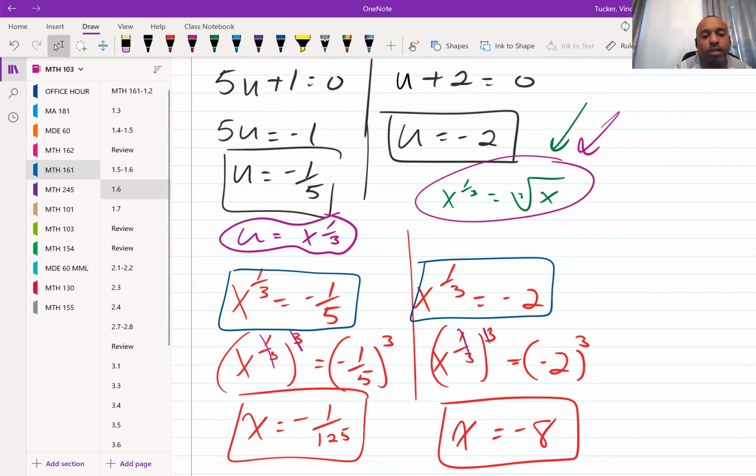That gives us x equal to -1 over 125. Then we have x to the 1/3 equal to -2. Cube both sides. That would be x equal to -8. All right. Any questions?